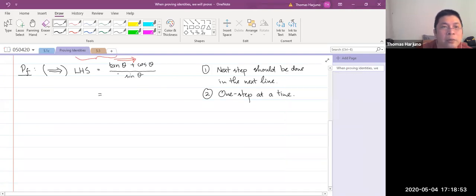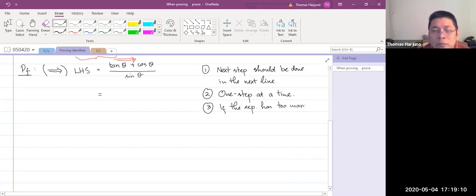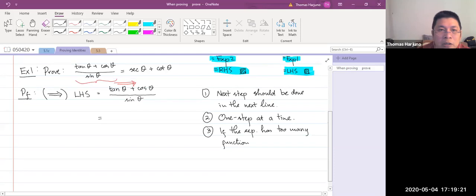Now, the third principle that we usually use is, if the expression has too many functions, like sine, cosine, tangent, secant, cotangent, like in this question here, then consider converting them to sine and cosine.